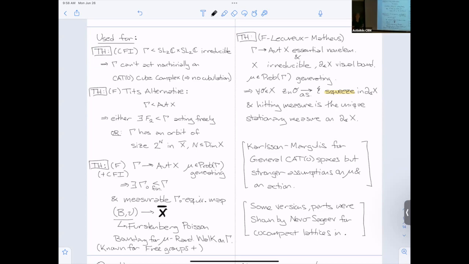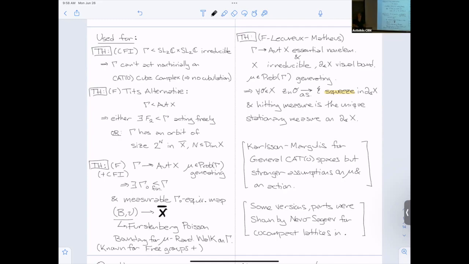Oh, that's what I wanted to say. It converges to a special type of point called a squeeze point. That squeeze point, I'm going to talk about a little bit later. It's going to be something that we can connect with the roller boundary. And the hitting measure is unique as a stationary measure on this visual boundary.